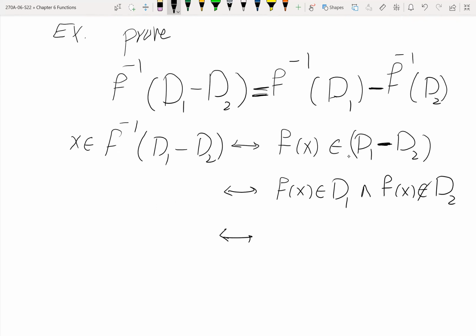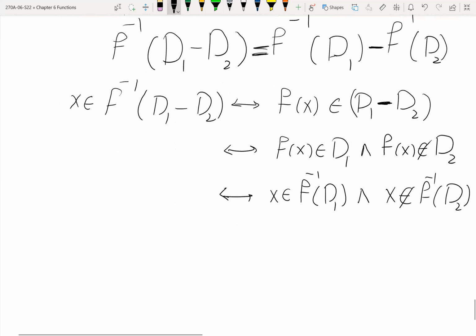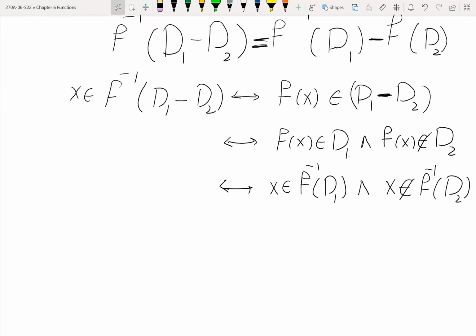So back to the definition, you can say x is in f inverse of D1, and x is not in f inverse of D2. If f of x is in D1, so that means there exists one x in the image of D1. Okay? So that means x is in f inverse of D1 minus f inverse of D2.